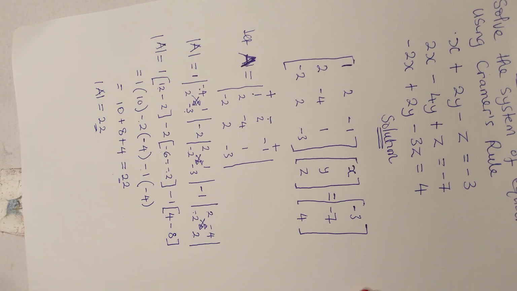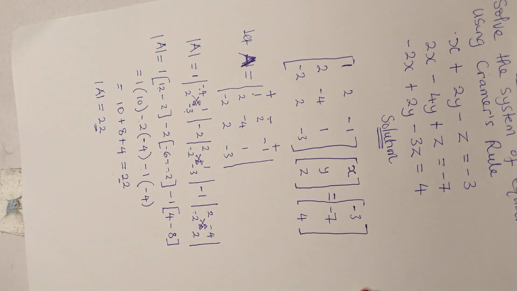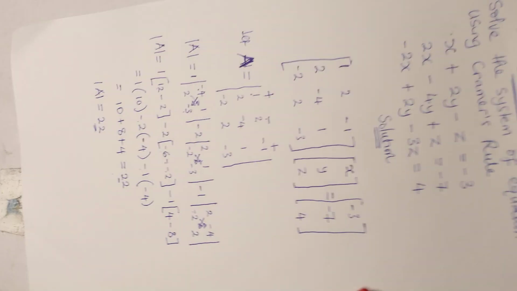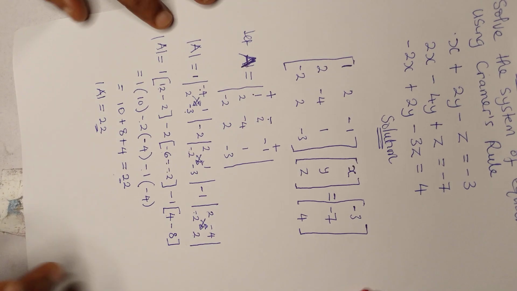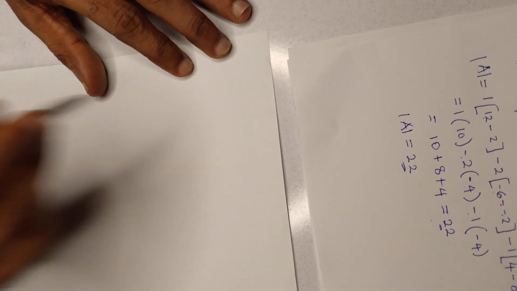So since we've gotten the determinant of this matrix, we have to find the determinant of A, we have to find the determinant of Y, and we also find the determinant of Z. And then from there we can solve everything down. So let's find the determinant of X.